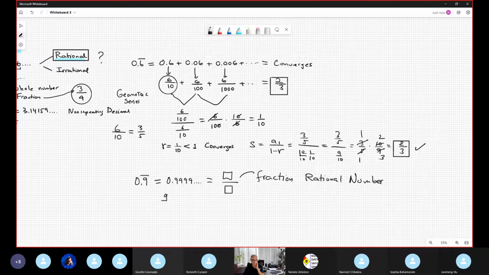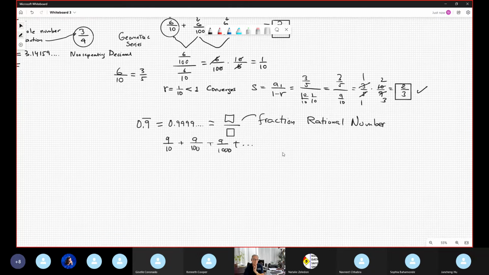This is easy. It's 9 over 10 plus 9 over 100 plus 9 over 1000 plus, it's infinite, no? Now the common ratio: you divide this by this. It's 9 over 100 divided by 9 over 10. I copy the numerator exactly the same, and flip the denominator. 9 cancels, and it's 1 over 10.